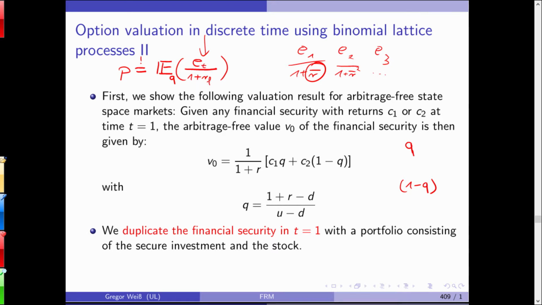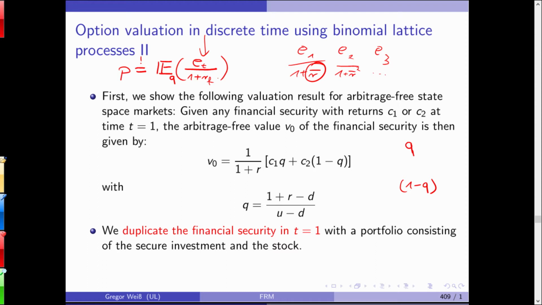Instead of changing the discount factor for every investor, you do the following. In mathematical finance, you realize that you can actually do it the other way around. You are not taking the interest rates and changing them from investor to investor. You take the expected payoffs, you discount them using the risk-free rate, and you change the probabilities. You change the probabilities in such a way that every price is given by the expected future payoffs discounted with the risk-free rate.